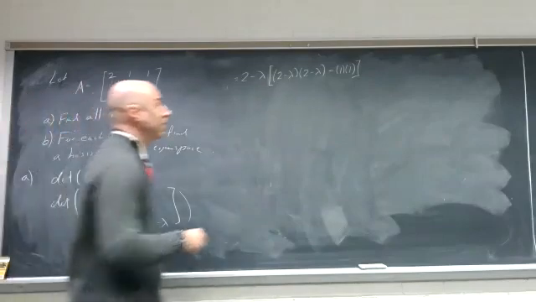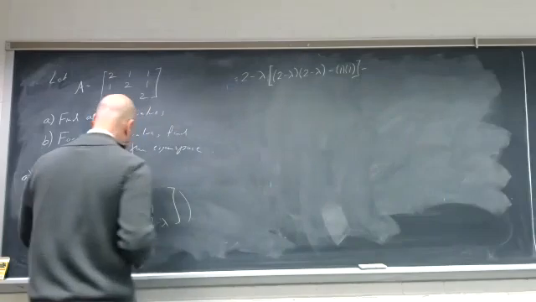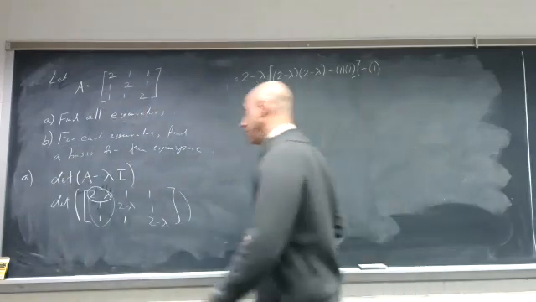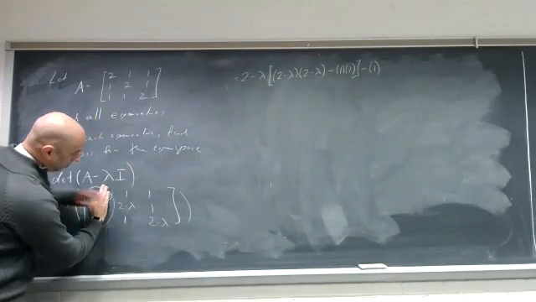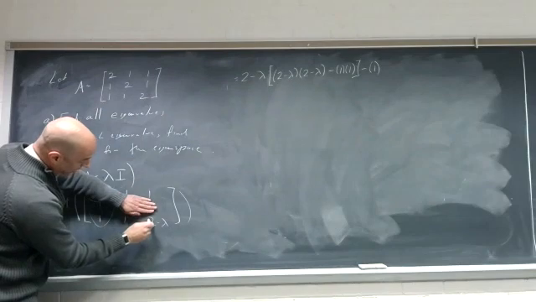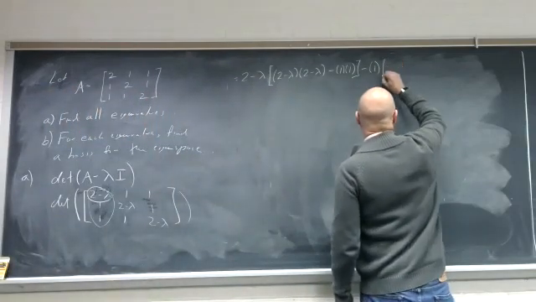Minus this entry, 1, cover up that column, cover up this row. So 1 times 2 minus lambda minus 1 times 1.